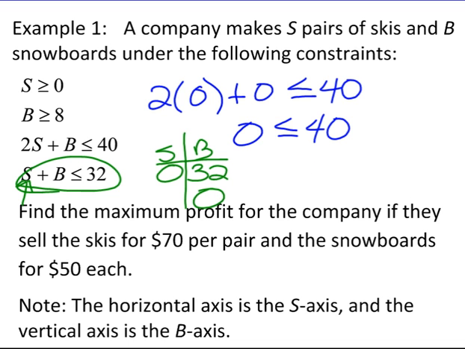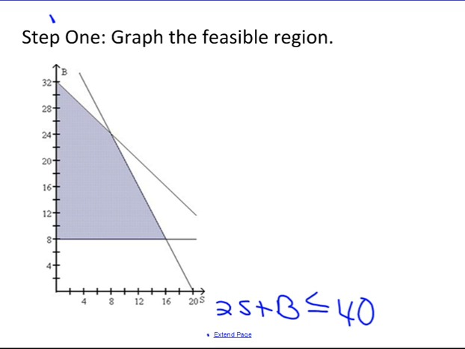You're going to plug in 0 for B. So S plus 0 is equal to 32. You don't need the 0. We get S is equal to 32. Those are 2 points, 0, 32 and 32, 0. One's right here, 32, 0, and 0, 32. So this was my S plus B. Was it less than or equal to 32?